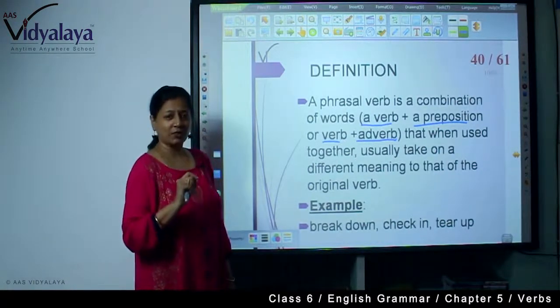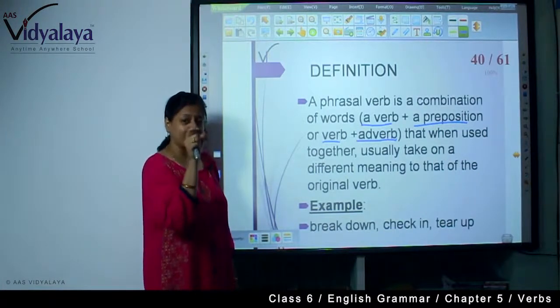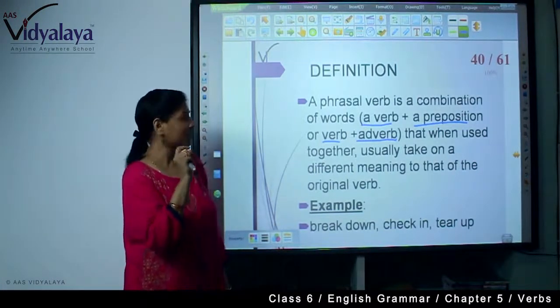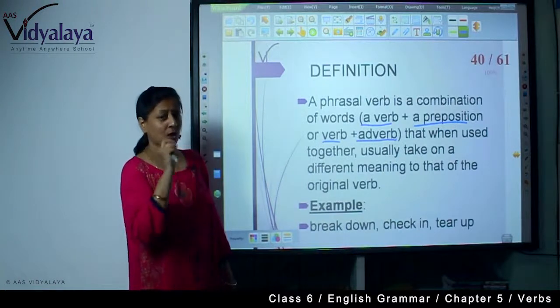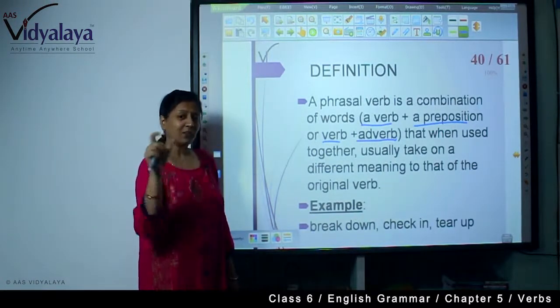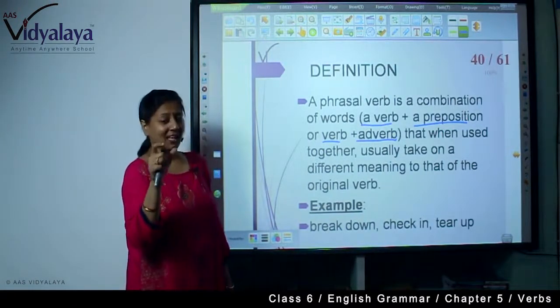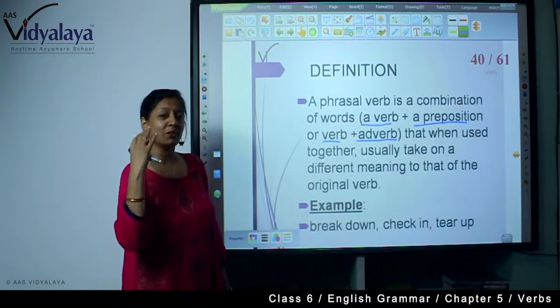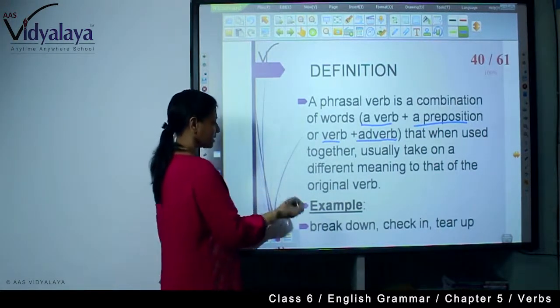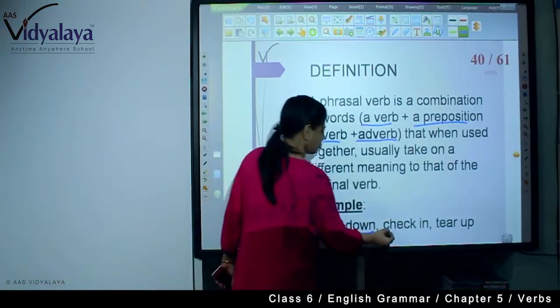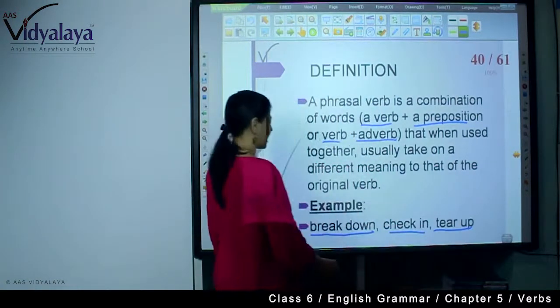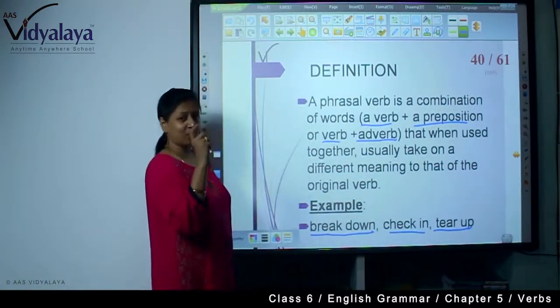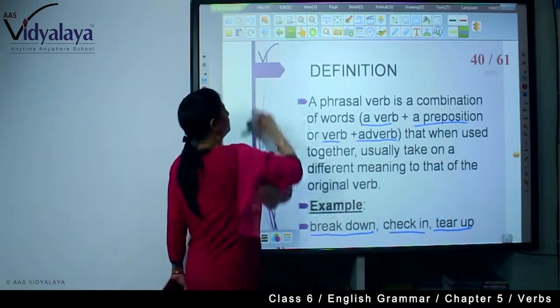Verbs are all action words, but when verbs are combined with a preposition or an adverb, whatever their actual meaning is, as a phrasal verb they have some different meaning. For example, see here, break down, checking, tear up. Now, original verbs, they have different meaning.